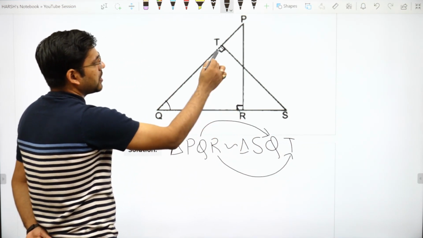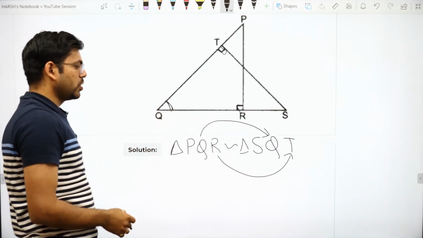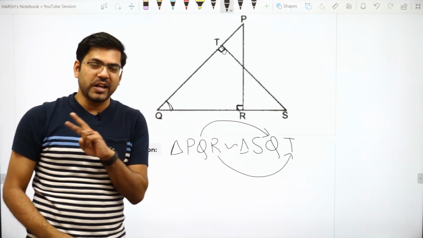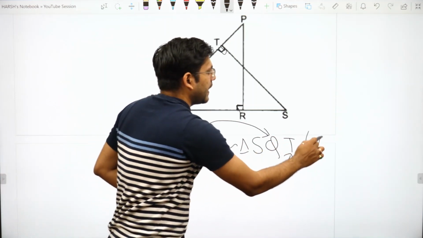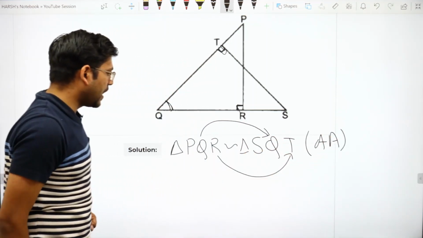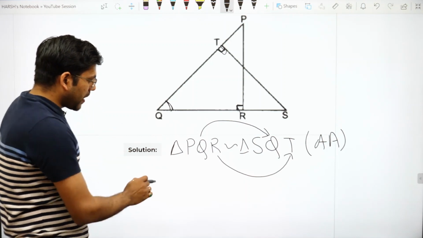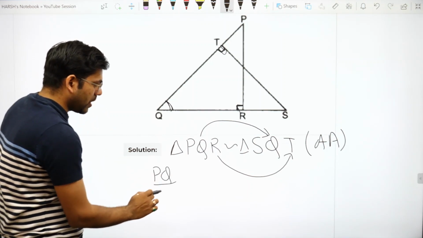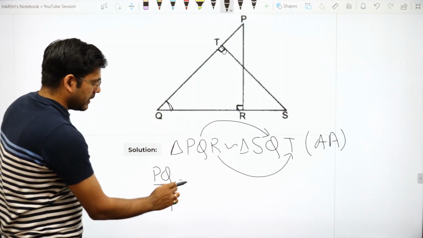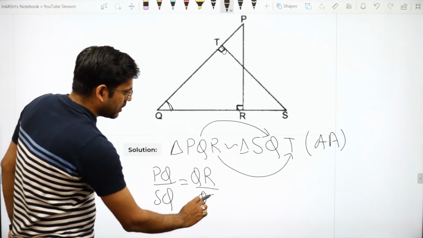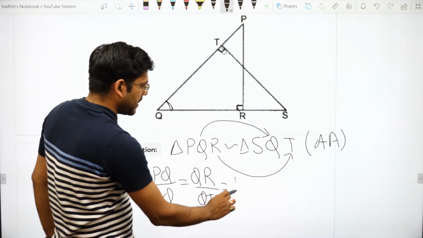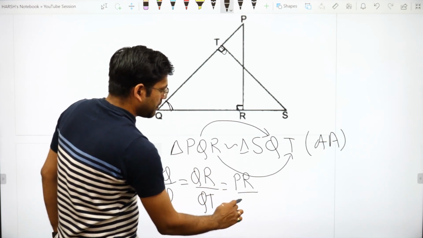Because R is 90 degrees, T is 90 degrees, and Q is common in both. Only two angles need to be equal. If you are able to get two angles equal, then automatically angle similarity will be applied. Now both of them are equal, so write the ratio: PQ upon SQ is equal to QR upon QT is equal to PR upon ST.